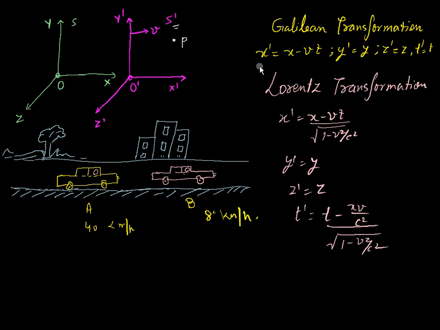So these equations are just for that purpose. Remember this one, this is a very important point. x prime, y prime, z prime, t prime. When you are writing these equations, for what purpose? For O prime to observe the event in his frame of reference in a proper way.